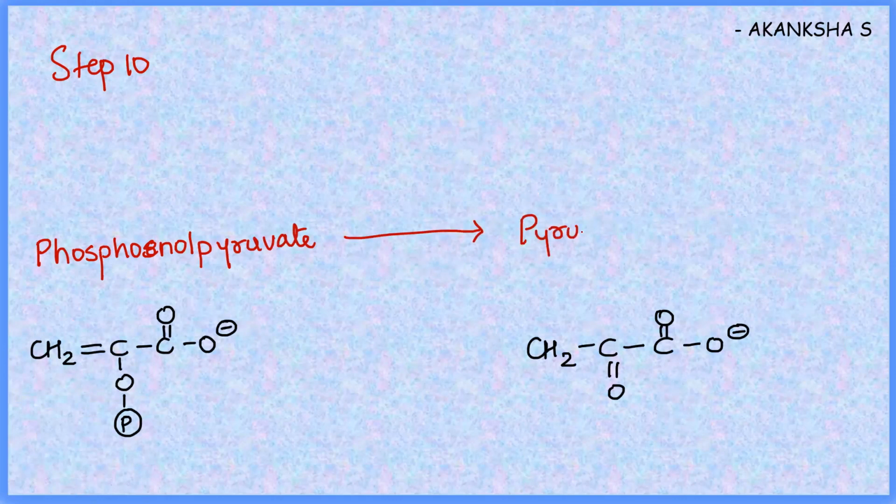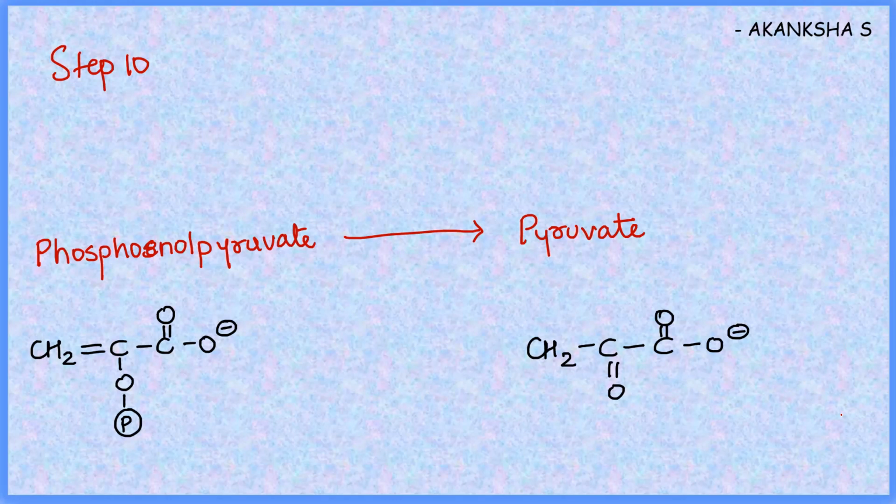Now, why do we call it pyruvate and not pyruvic acid? Whenever our acid is not completely terminating as COOH, rather it is COO minus, we call this thing an ate. So if there was COOH, it would have become pyruvic acid. Technically, we consider it to be pyruvic acid, but the structure represents a little bit of difference.